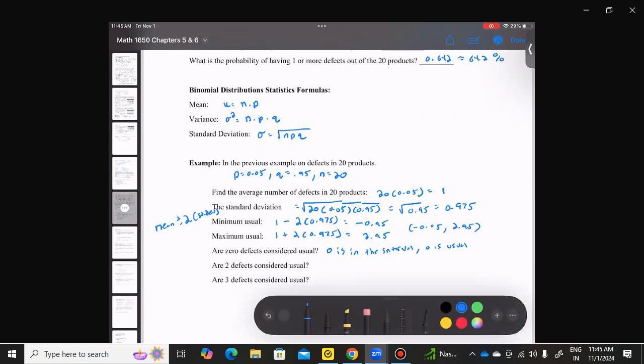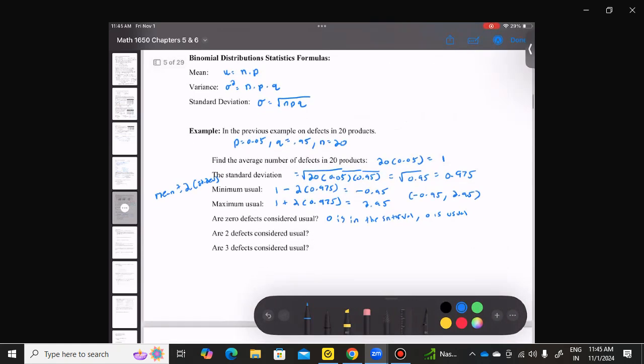Is 2 defects considered usual? Same thing, 2 is in the interval, so 2 is usual. And then is 3 defects considered usual? No. 3 is outside the interval.